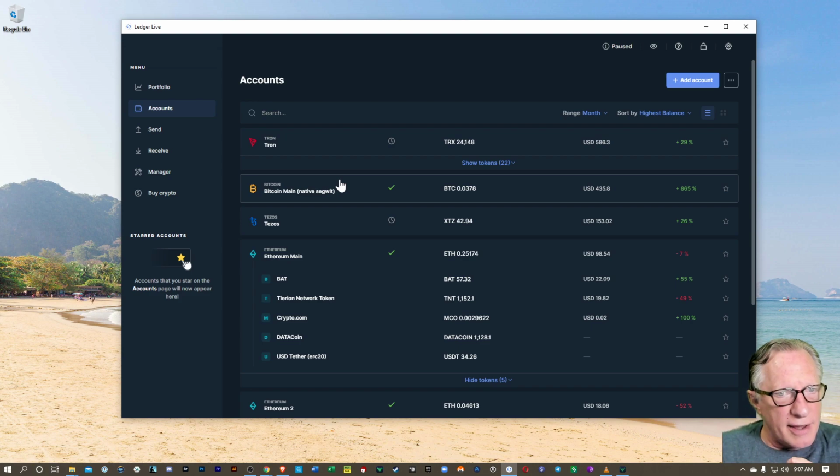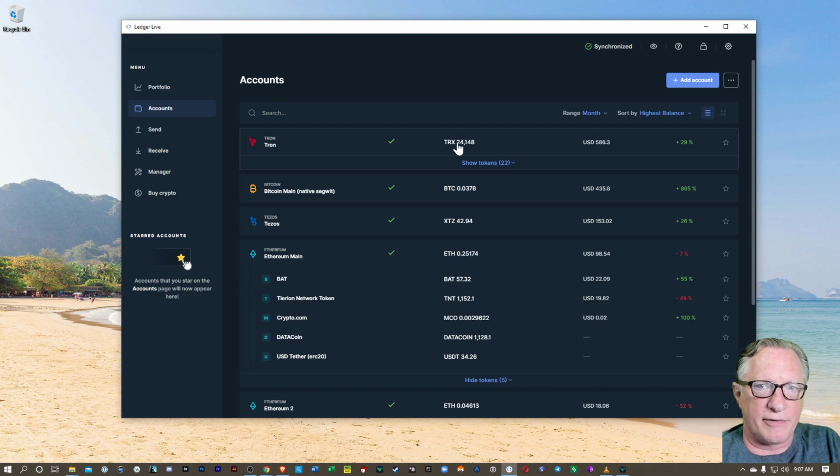Now, Ledger Live does not download the entire blockchain of all of these cryptocurrencies to your machine or device, right? It queries other nodes that are out there to get the current state of the blockchain. For example, this Tron wallet queries my blockchain address for my Tron tokens, and it says, oh, okay, that blockchain address has 24,148 Tron in it.